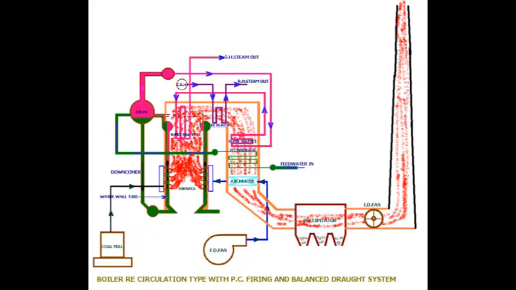After taking away the heat, that flue gas can be disposed to the atmosphere. So the ID fan was introduced, and as a combination of FD fan and ID fan, the balanced draft system developed.